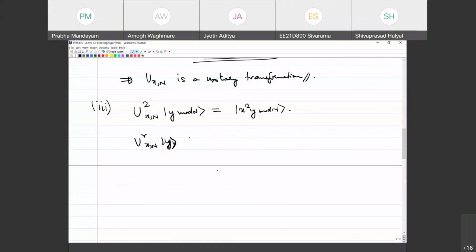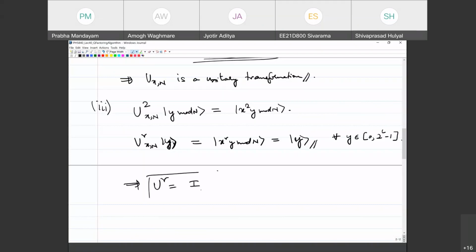So U to the r acting on this is x to the r y mod n, which is nothing but y, right? And this is true for all y which belongs to this set 0 to 2 to the n minus 1, which means that U to the power of r is identity.